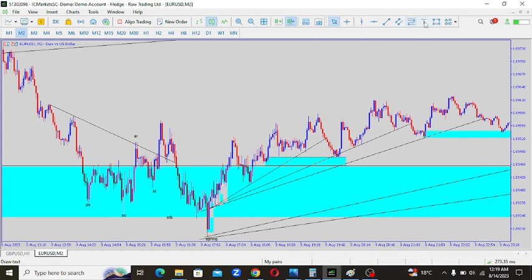You see, the price is taking care of all demand below. The only demand left unmitigated is this one and this one. So my entry was based off this one.